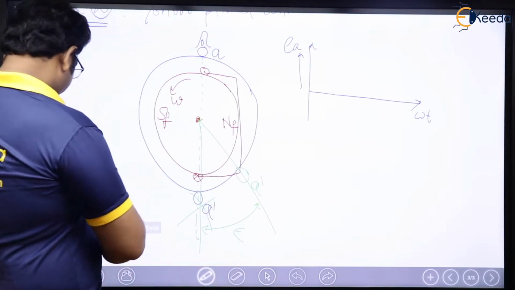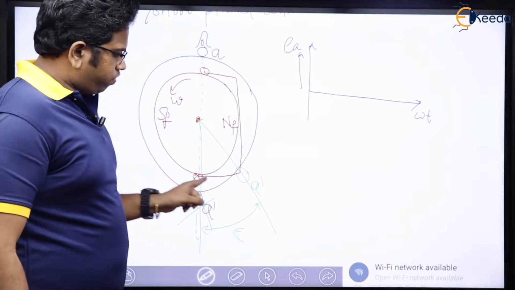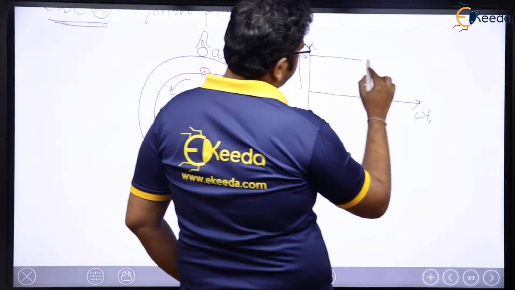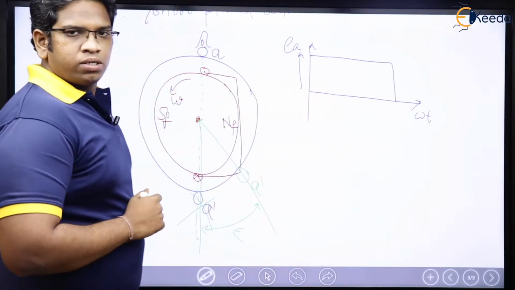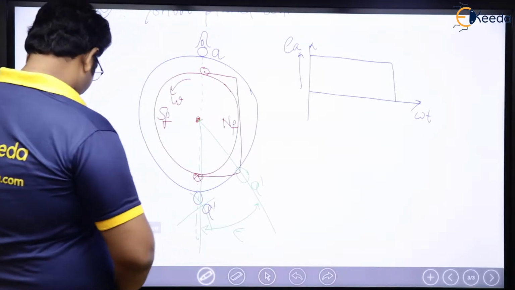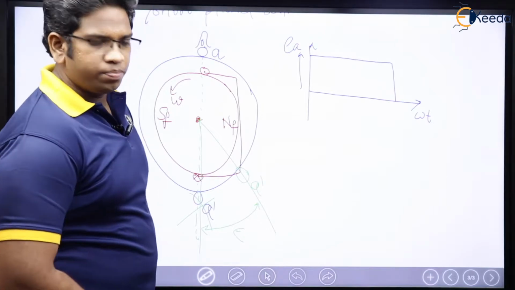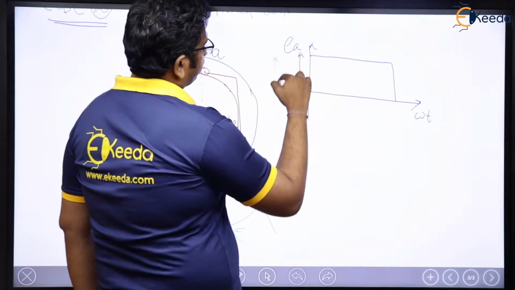EA will be, if this flux distribution in space of MMF is in this way, is a step, then similarly EA also has to be stepped, 100%. Now see here, let me consider EA dash. Let me show it by green. EA dash.